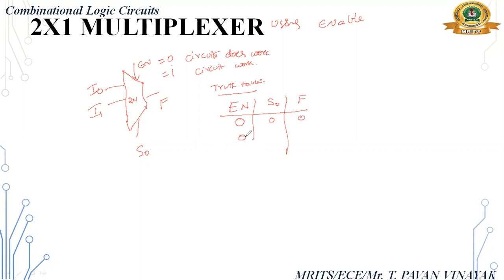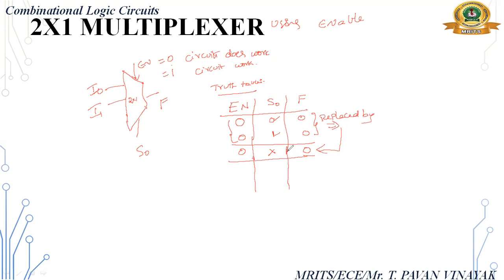Whenever enable is 0, S naught is 1, then also F is 0. So these two lines are replaced with 0 don't care 0. Whatever the S naught value, we always get output 0.